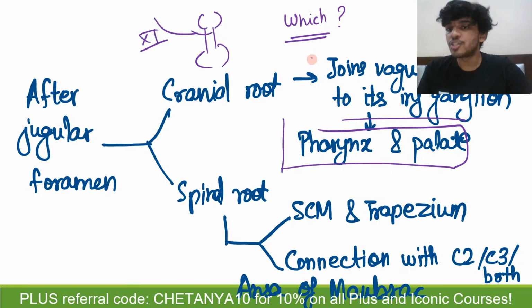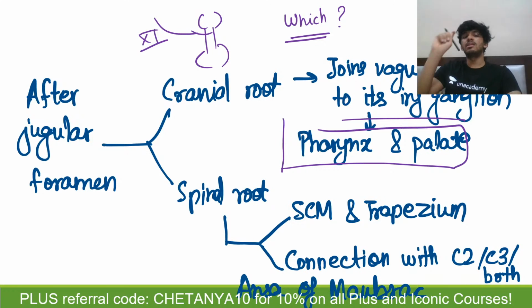Question for you: which muscle of the pharynx is not supplied by the vagoaccessory complex? Answer quickly, or just tell me which nerve supplies that specific muscle which is not supplied here.